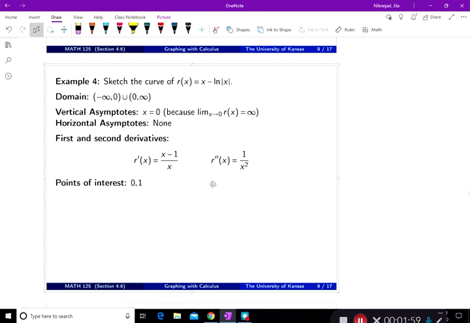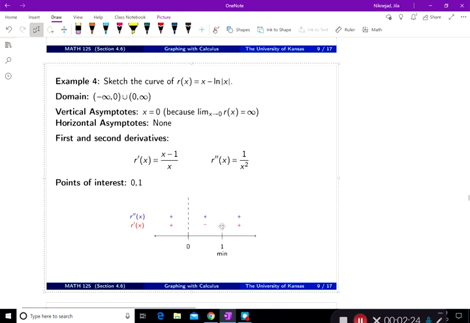Now, points of interest are 0, which is not part of the domain but still changes the sign, and 1. If I find the sign for r prime of x, as x goes to either infinity, r prime of x goes to positive values.